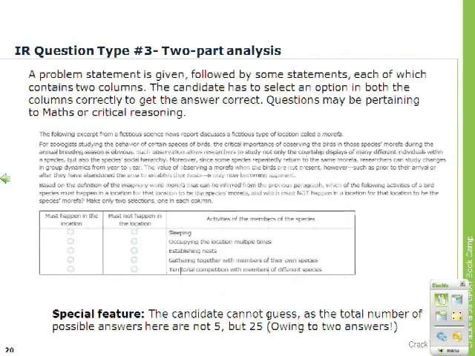The following excerpt from a fictitious science news report discusses a fictitious type of location called Morefa. So for zoologists studying the behavior of certain species of birds, critical importance of observing the birds in those species Morefa during the annual breeding season is obvious. Importance of observing the birds in those species.